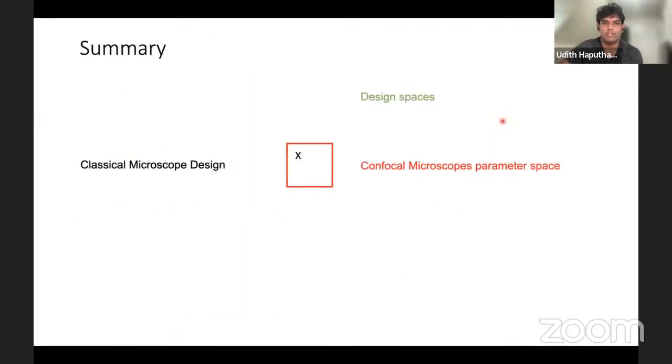And as a summary, if we talk about classical microscope designs, what we try to do is optimize parameters of that particular microscope. So we have a confocal microscope space, and we find the optimal parameters. And we have a phase microscope space like this.